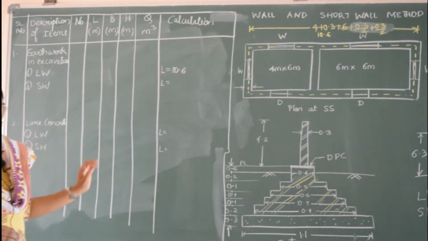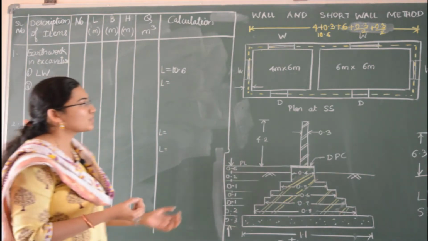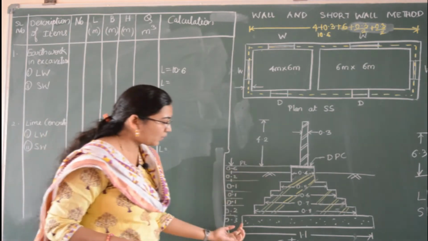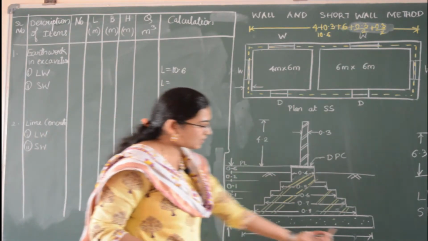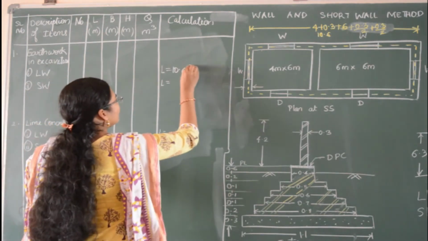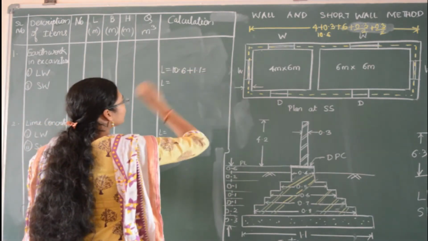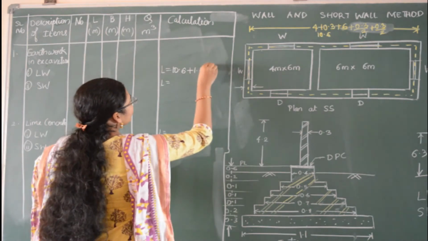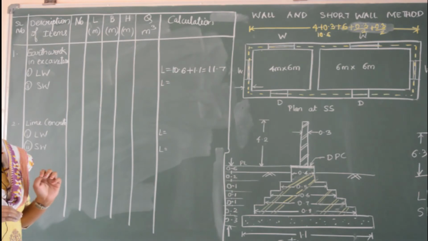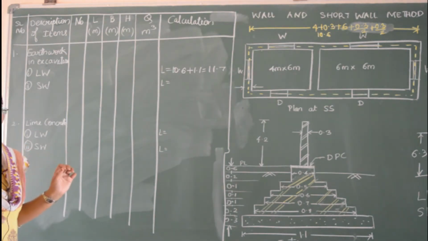For the long wall, we have to add the wall thickness. For excavation, till where are we going to excavate? We are going to excavate till here, and the distance is 1.1. So we have to add plus 1.1, so this will be 11.7. So 11.7 will be the long wall distance.